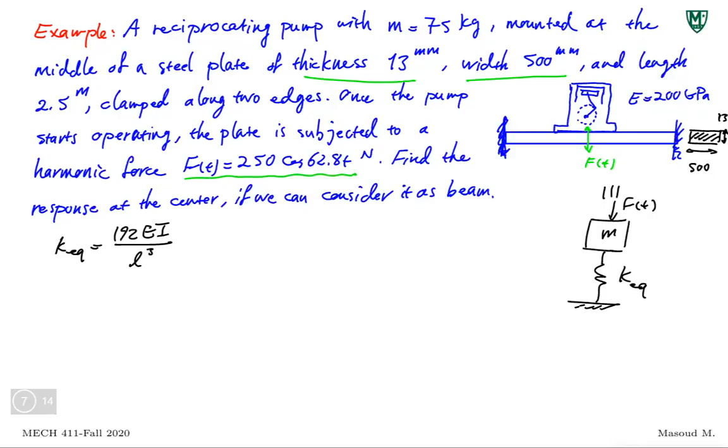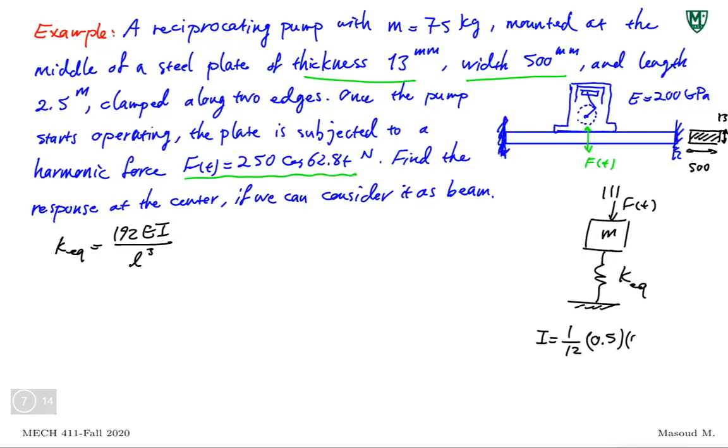The moment of area, hopefully you remember, again goes all the way back to statics even, and solid mechanics. Let me write it here. I is 1 over 12 B H to the 3. Right? In this case, B would be 500 millimeters, so I'm going to put 0.5, stick with the unit meter.